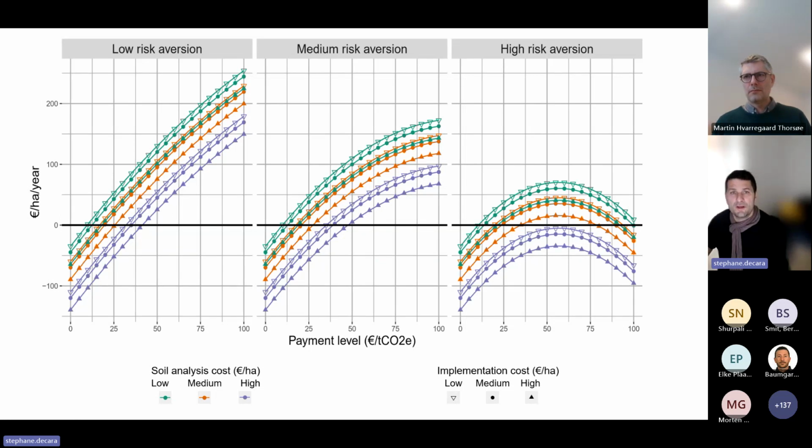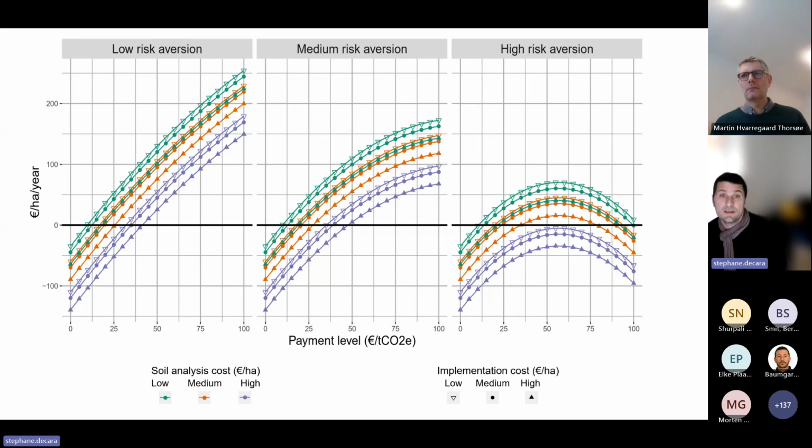Okay, the more interesting thing is the role of risk aversion, because as you see on the right panel, when you have a high risk aversion for the farmers, so farmers do not like risk at all, you see that as the payment increases, the incentive to join a result-based payment decreases. Why is that?